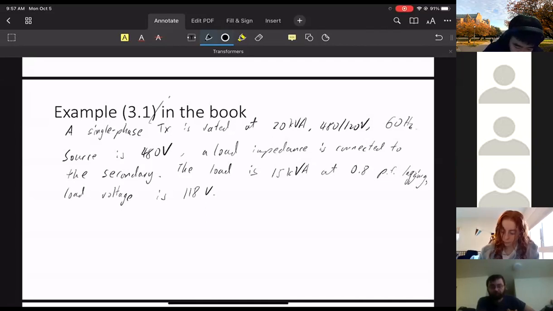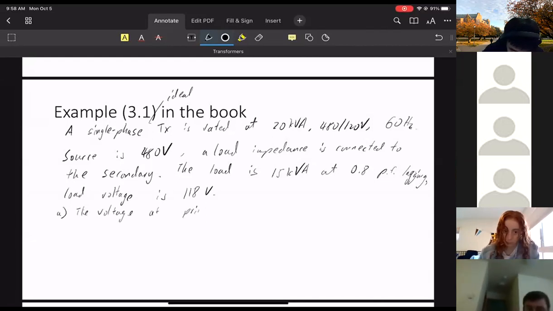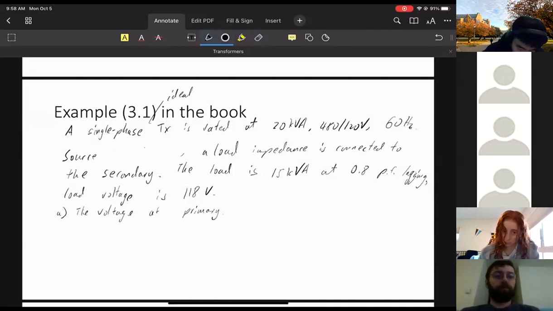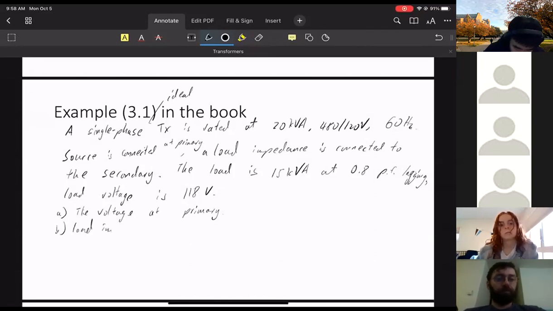Then let's find the following: A, the voltage at the primary, where the source is connected. B, the load impedance.